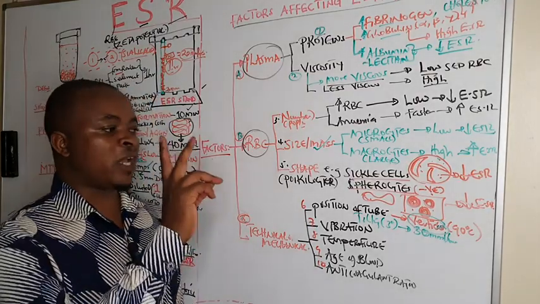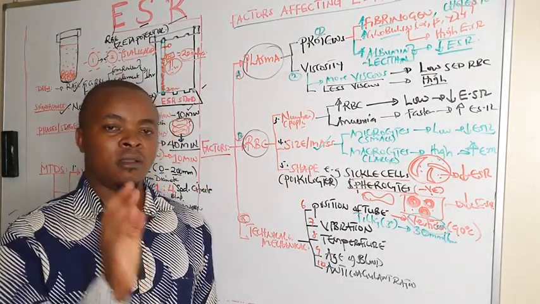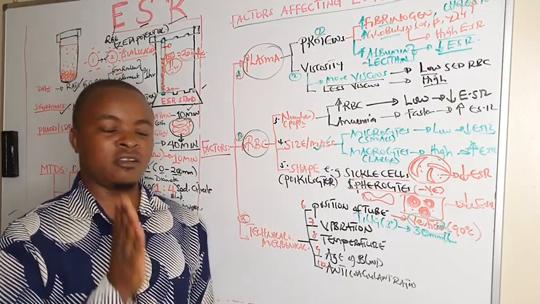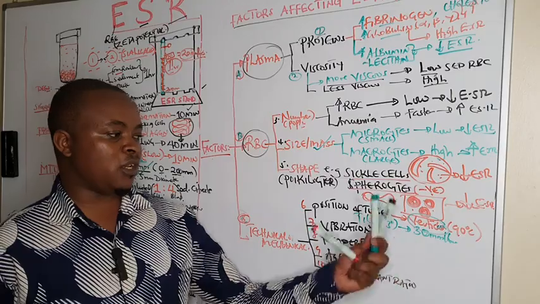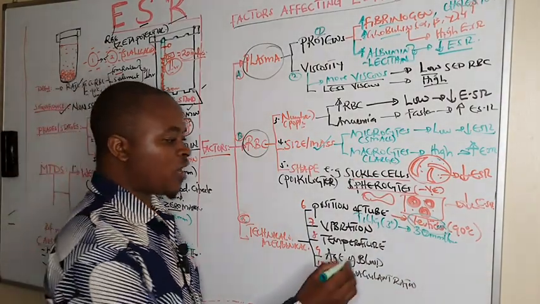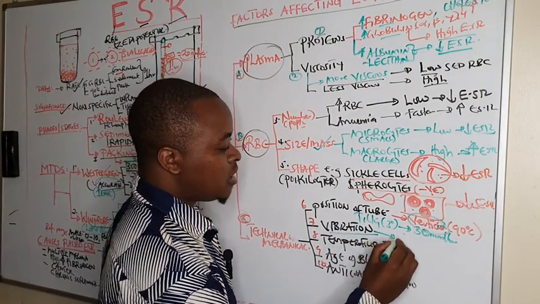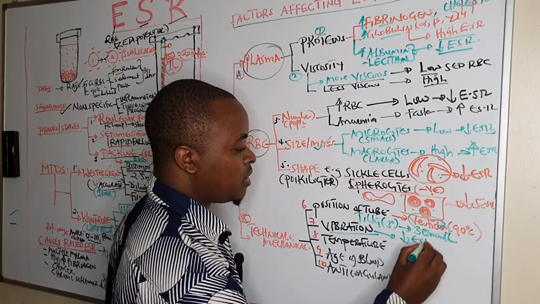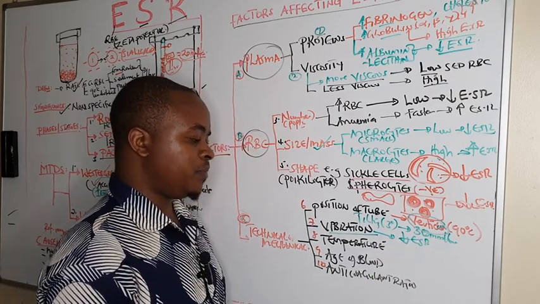So when it is a straight tube, you get normal results, but any bending of the tube increases ESR by 30 millimeters per hour. What about vibration? Vibration leads to low ESR results. How does it happen?